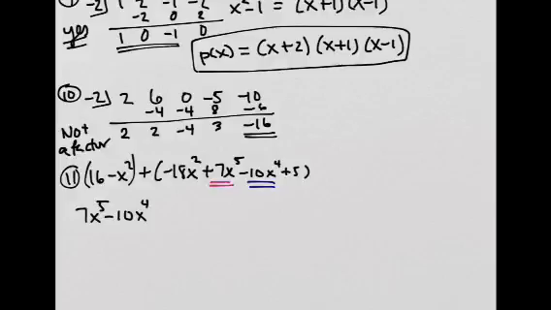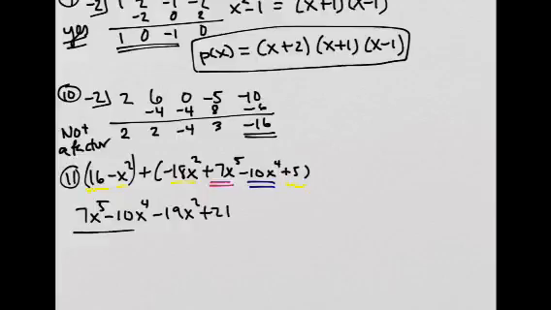And then x to the third, there's no x to the third, but there are two x squares, this one and this one. So combined, that gives you negative 19x squared. There is no x, but there are two constants, the 16 and the 5, and so that gives you 21.